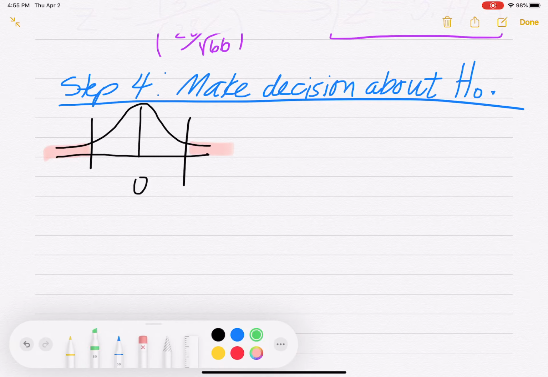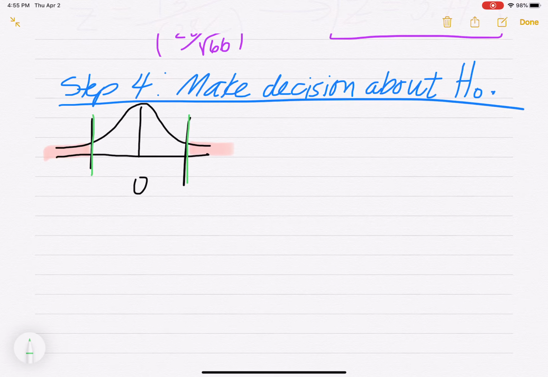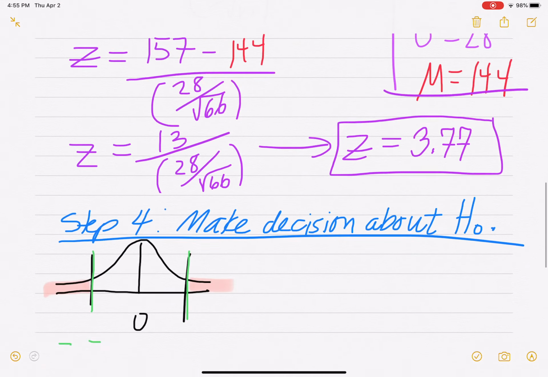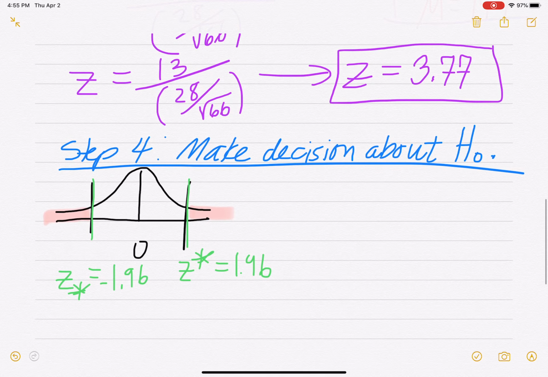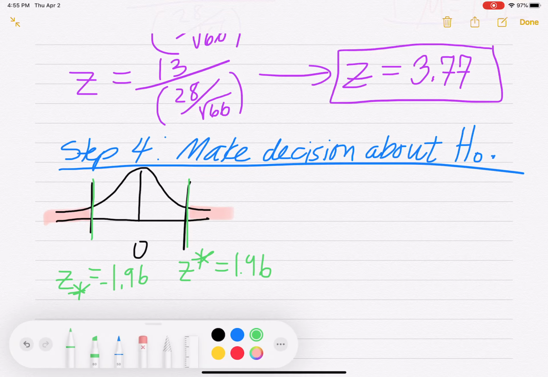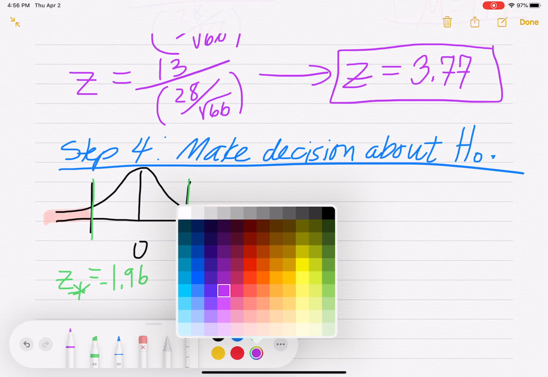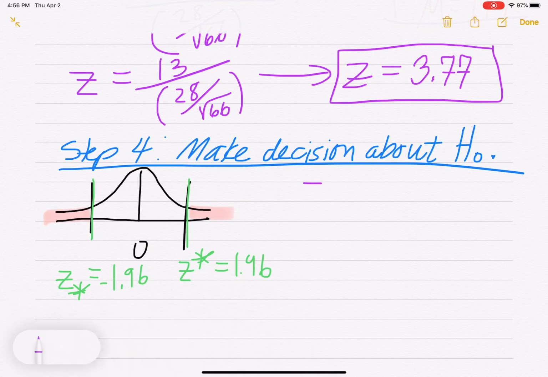I got 2 critical values that we found. We had a Z lower star, which maybe you remember, Z lower star was negative 1.96. And Z upper star was positive 1.96. And our test statistic Z, representing the sample information, is what? 3.77.